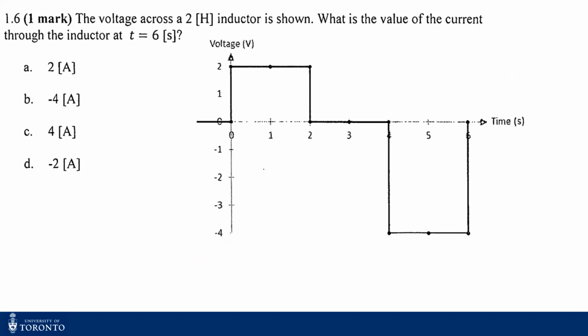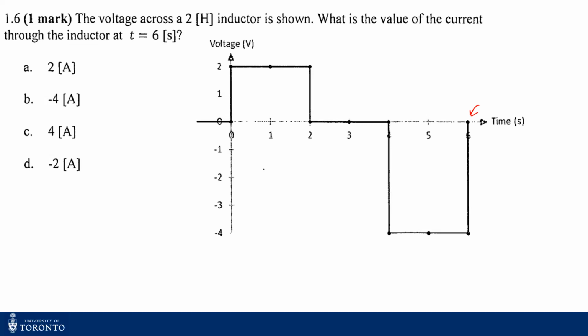Here we see a voltage curve across an inductor with respect to time, and you have to find out the value of the current through the inductor at time 6 seconds. Now you see at 6 seconds my voltage is going from negative 4 volts to 0 volts, but the current through the inductor cannot change immediately, right?